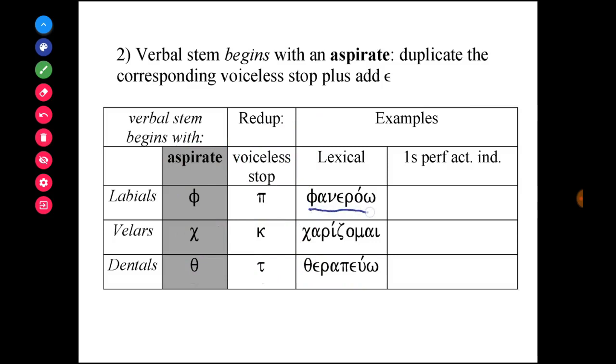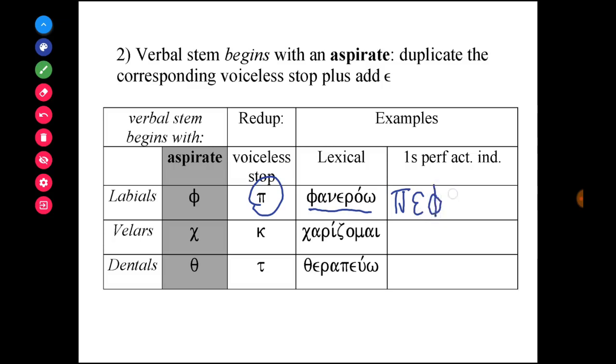For a word like phanerao, which is I display, I show, I won't reduplicate like this. That's incorrect. Instead, I'll use the voiceless stop. This is my reduplication.